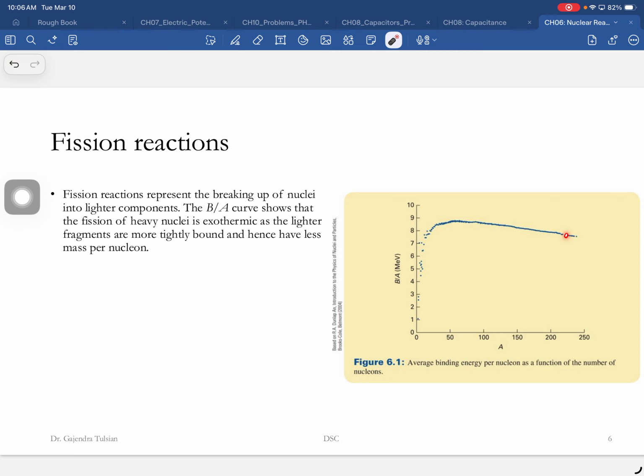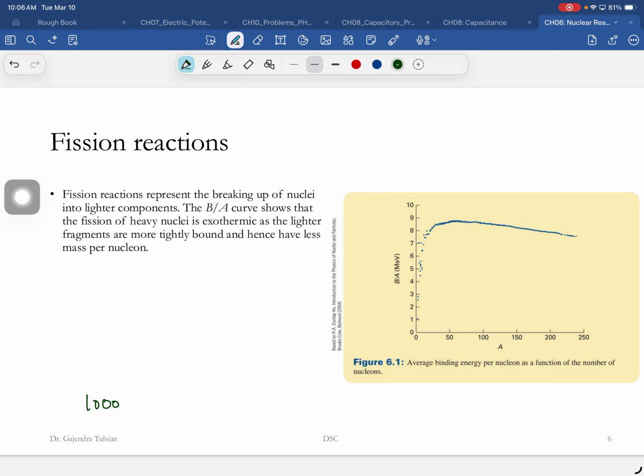In uranium-235, that is the binding energy. The binding energy is 8, in units of MeV. What that means is each neutron's weight is about 1,000 MeV in these units. When they say the weight, it's E equals mc squared, so this is units of energy. A neutron weighs 1,000 MeV, and a neutron and a proton weigh the same.